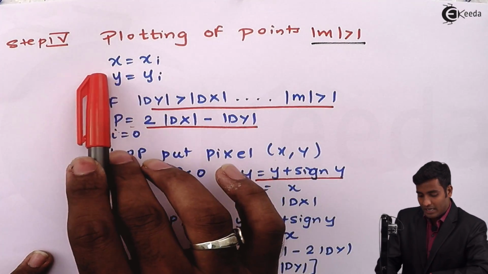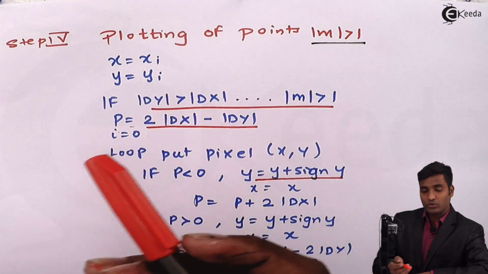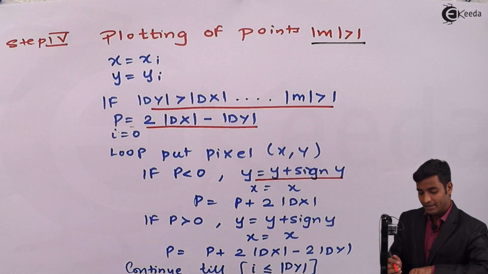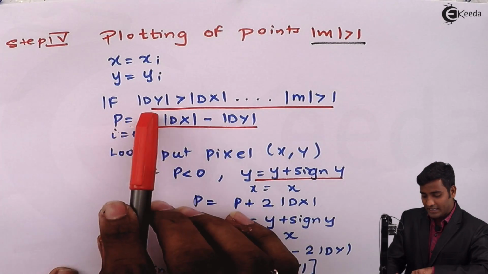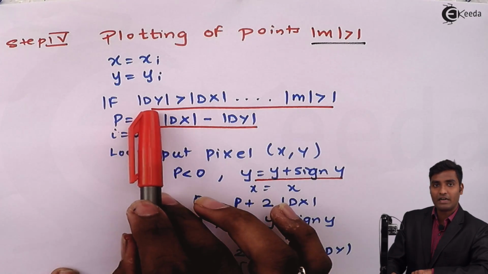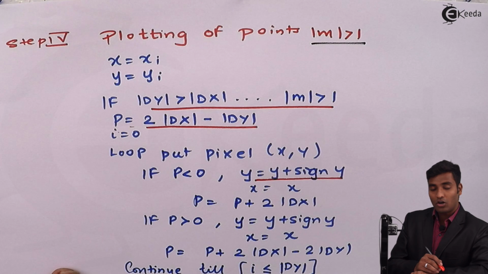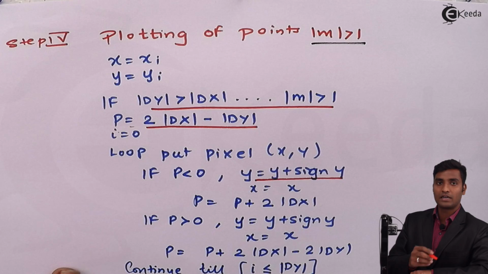So the initial step is x equal to xi and y equal to yi, that is we will use the starting point of the line, and now we will check the calculated value of dy and the calculated value of dx. Whichever is greater, on that basis we can predict whether the slope is less than 1 or greater than 1.